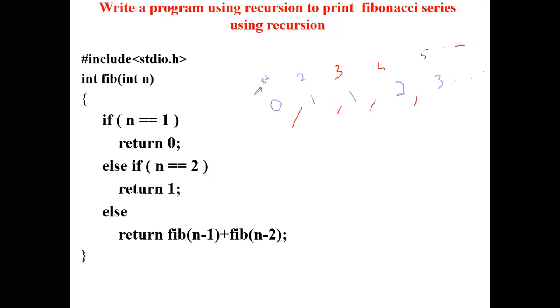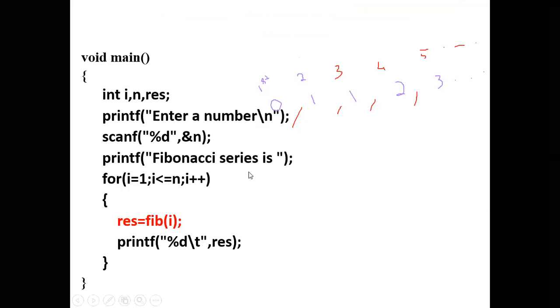Suppose this is our n value. You have to display n Fibonacci numbers. So if you enter the n value, it should return the n Fibonacci series. The output should be something like this.